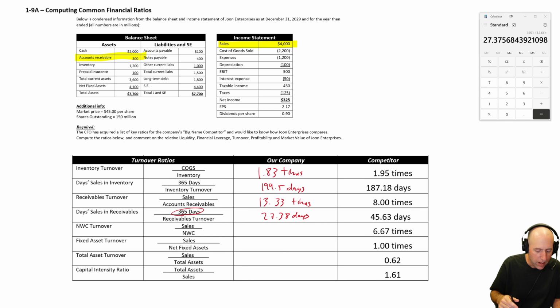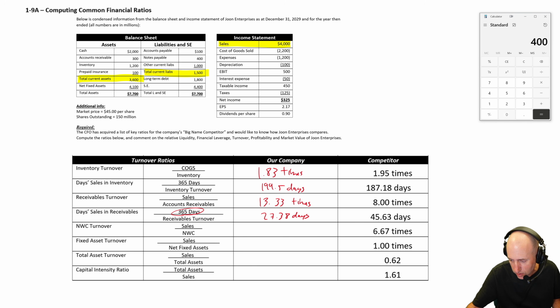Sales divided by net working capital. So let's see how we do here. Sales 4,000. Net working capital is again current assets minus current liabilities. So 3,600 minus 1,500 is 2,100, my denominator. My numerator, 4,000. 4,000 divided by 2,100.